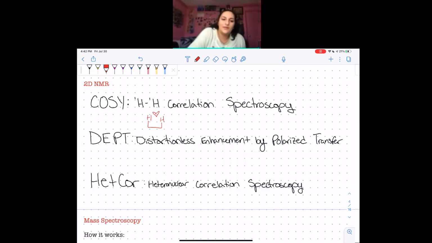It is giving you in-depth info on CH3 versus CH2 versus CH. So it's telling you more about the carbon-hydrogen attachment, whether it's a CH3, CH2, or CH. The last one is HETCOR, which stands for heteronuclear correlation. That's as far as you need to know for that one.